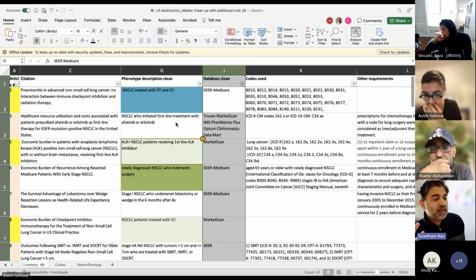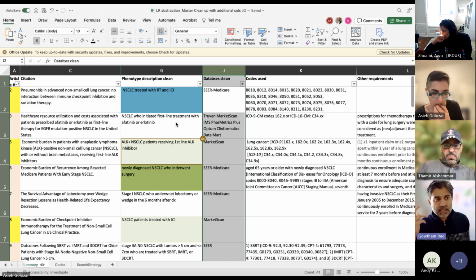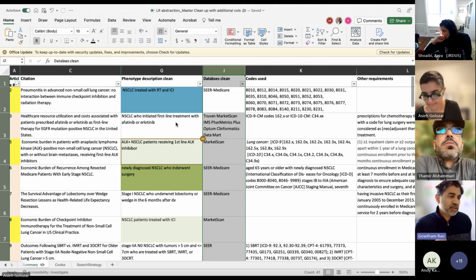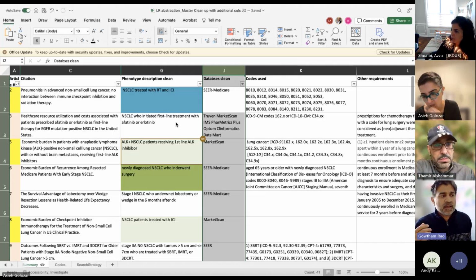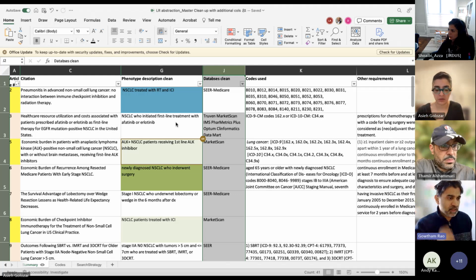We do have some standard of care for non-small cell lung cancer now, but we do not have a very well-prescribed standard of care for small cell lung cancer. At least that's my understanding. There are drugs people use, and the life expectancy of non-small cell lung cancer has improved, but the ones for small cell lung cancer has not. Those are my high-level divisions between small cell and non-small cell lung cancer.